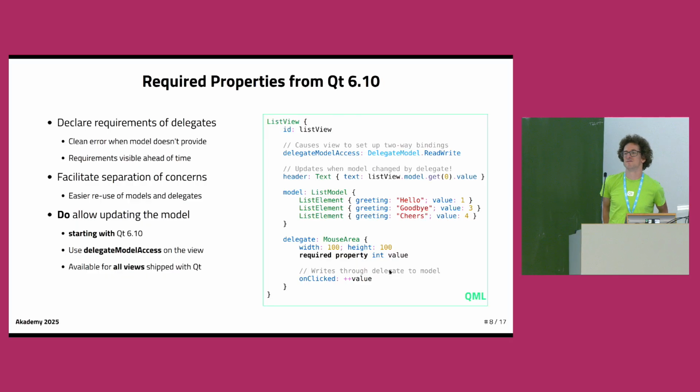But we've managed to put it into all views that we have in Qt, so Repeater and Instantiator and ListView and GridView and TableView and TreeView and the various things in positioning and Qt Quick 3D and so on. So that's fixed. Yay.